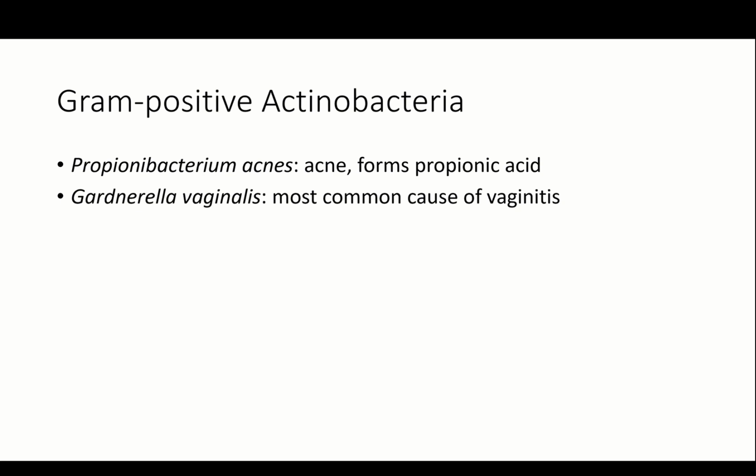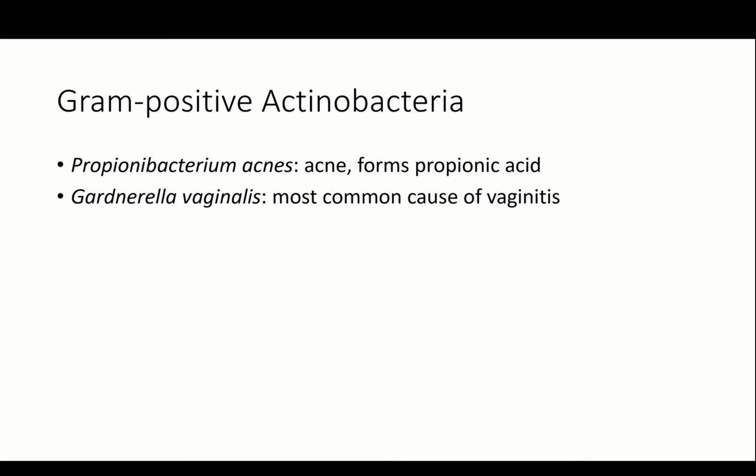Let's round this out. We have the Propionibacterium acnes, which is something we'll talk about again when we get to skin infections, because this one causes skin acne. It is named Propionibacterium because it forms propionic acid, which is why if you've ever popped a pimple and smelled the stuff that comes out of it, it will have sort of an acrid smell to it.